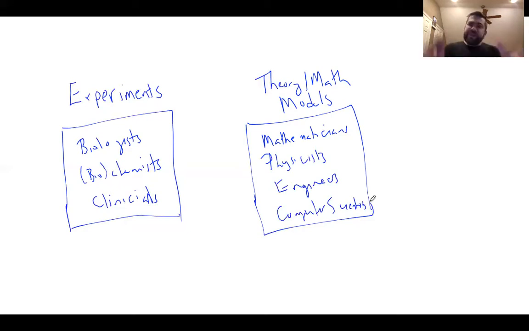And these groups of people all have made really important contributions to the field. And in some ways, you can't understand the whole of computational biology without understanding some of all of these areas and the interplay between them.